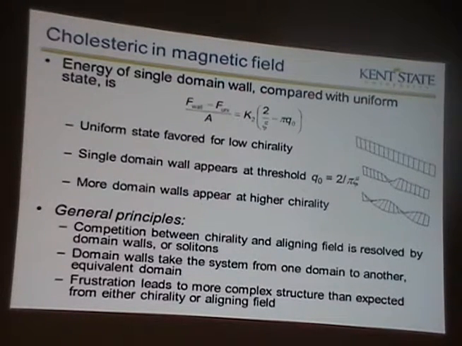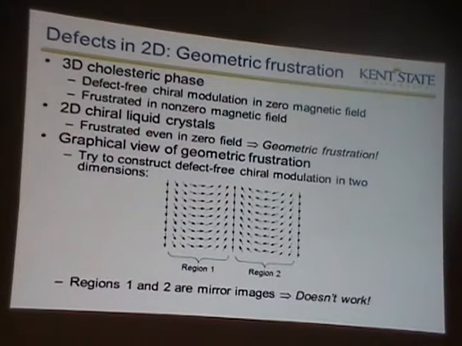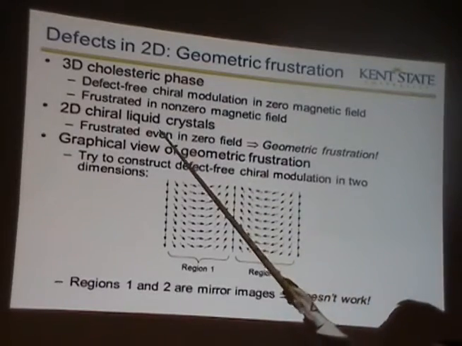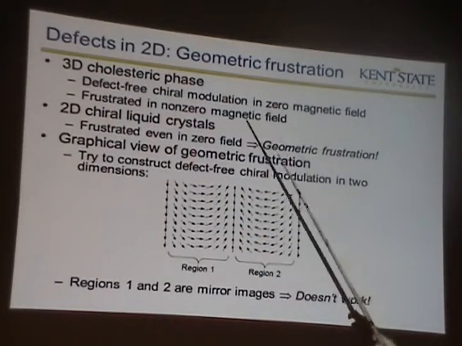Okay, now, maybe you think this is something special that happens just because there's an applied field, and it wouldn't happen just from geometry alone. Wrong. It can happen from geometry alone. Let me show you another mini example where geometry does it. So what would happen if you have a two-dimensional chiral liquid crystal?